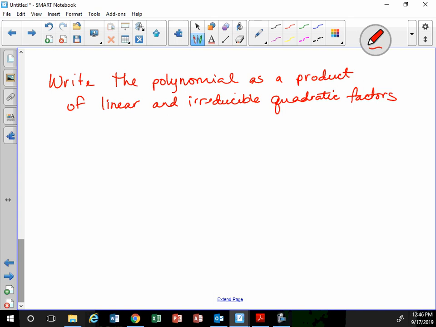And they have to be linear, meaning just x factors, or if it's a quadratic factor, you can't factor it anymore. That's what the irreducible quadratic factors means. I just want to make sure. Sometimes I get interesting questions on directions. Okay, let's see.